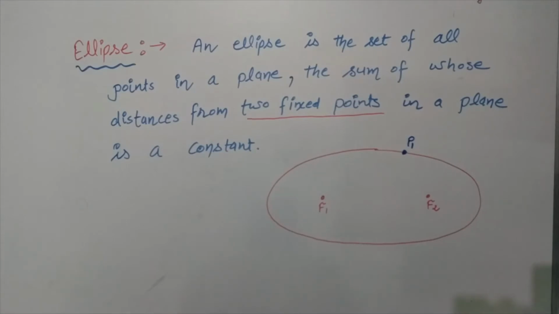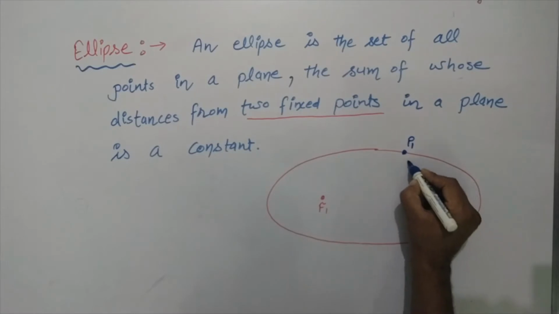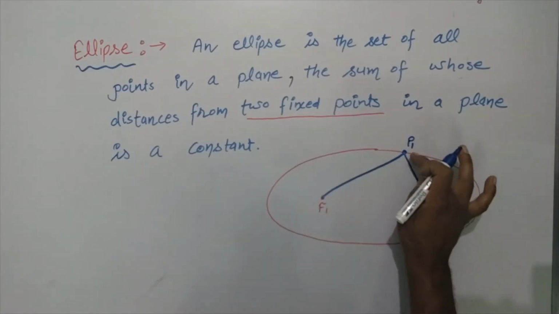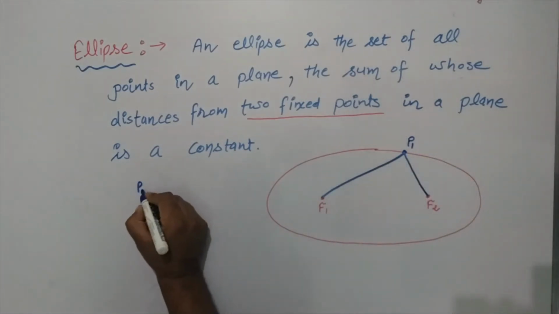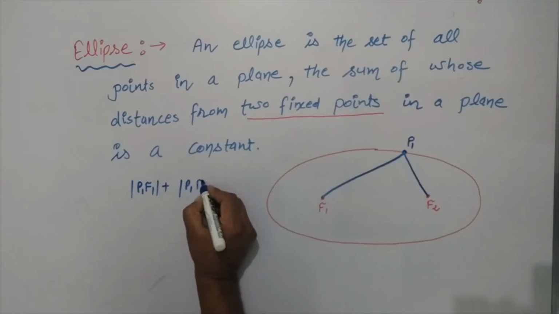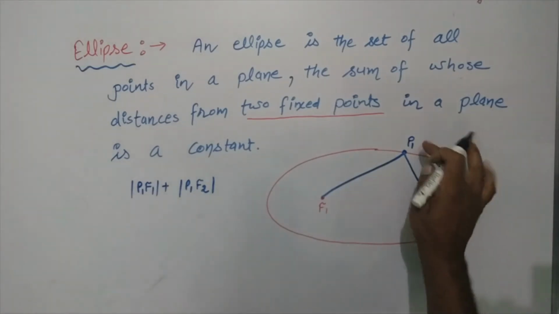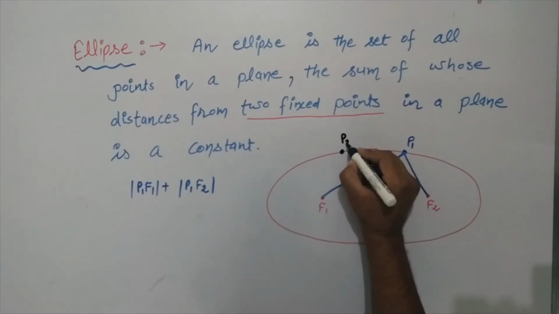First time this is P1. Now the distance from F2 to P1, then P1 to F1, we write here P1F1 distance plus P1F2 this distance.